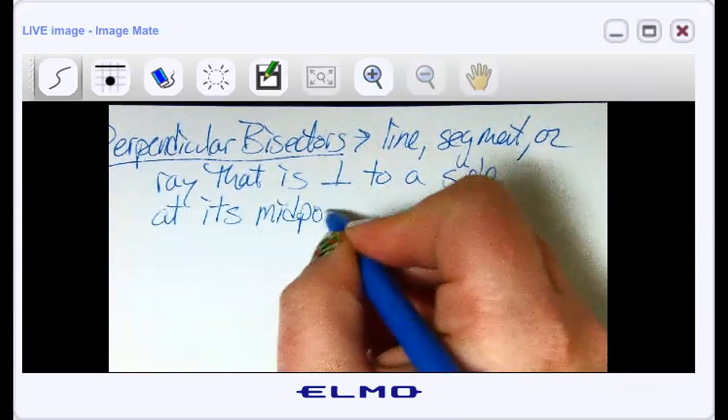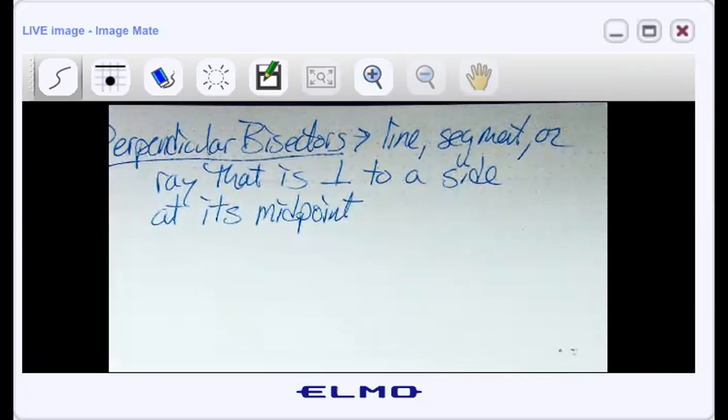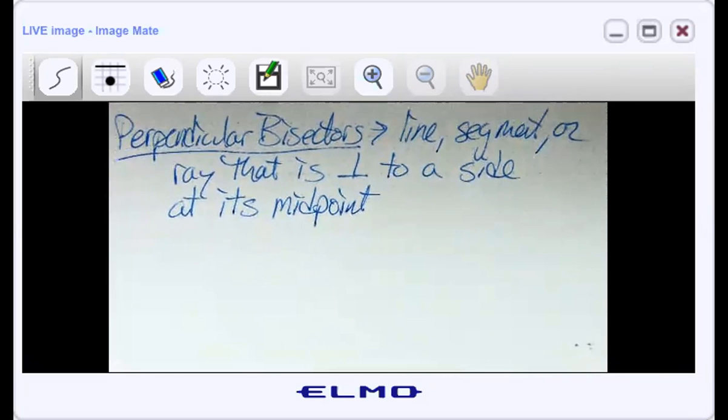That's the bisect part, right? Because a midpoint bisects a side into two congruent parts.